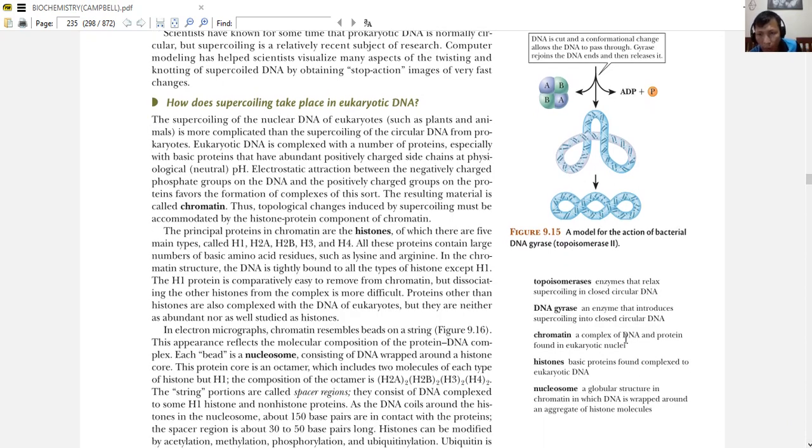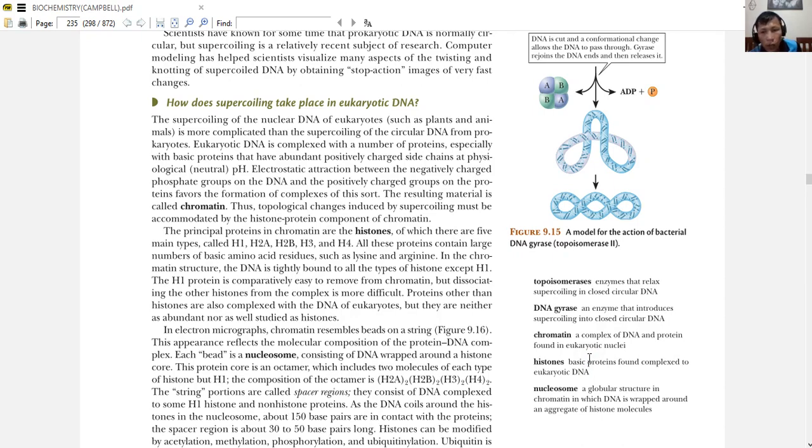You have a complex, meaning there's a mix or a bond between DNA and a protein type. So we call that chromatin. And then we have histones, basic proteins found complexed to eukaryotic DNA. Usually this one makes the DNA tidy.